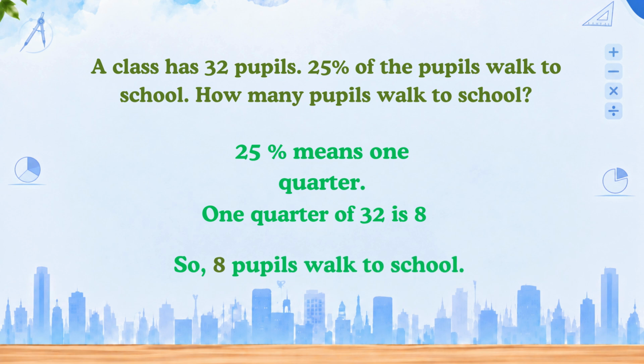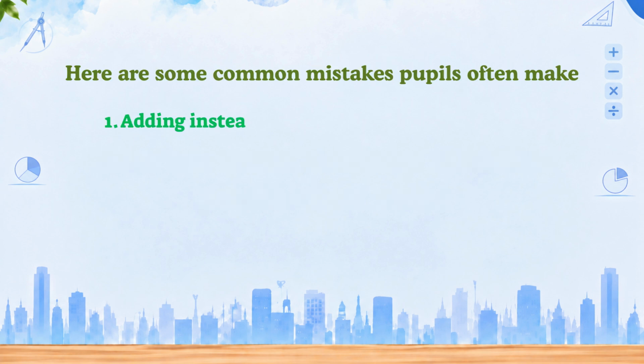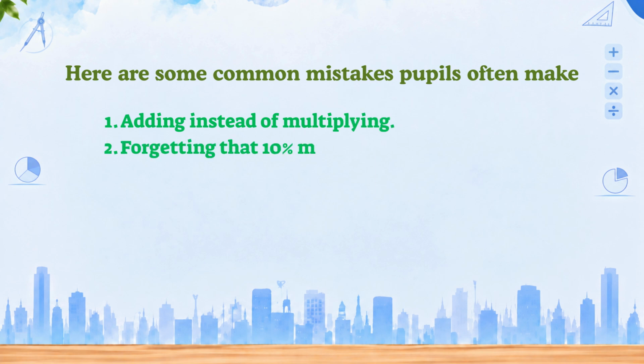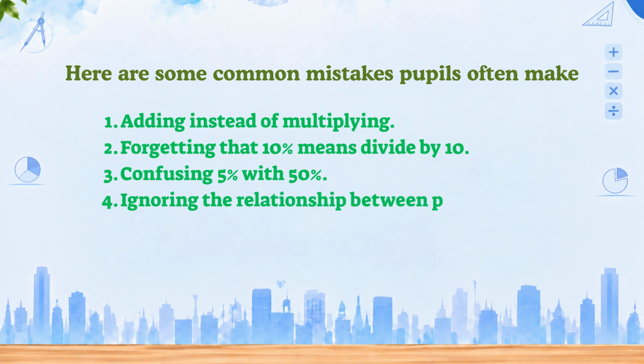Always think about whether a percentage can be simplified into a familiar fraction. That makes it a lot easier to deal with the numbers. Here are some common mistakes pupils often make: adding instead of multiplying, forgetting that 10% means divide by 10, confusing 5% with 50%, ignoring the relationship between percentages and fractions.